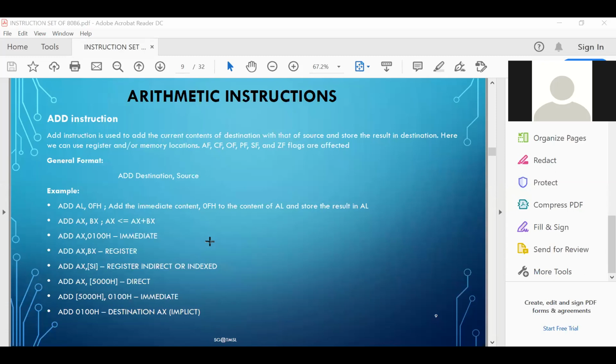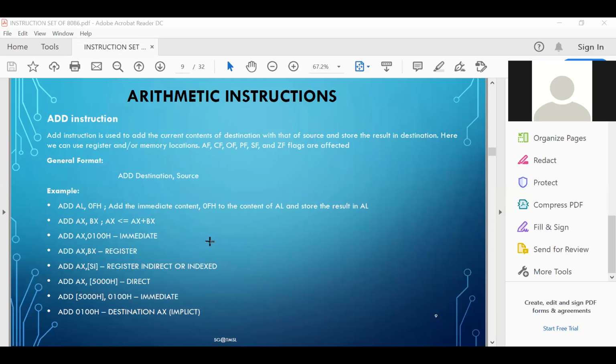That was in 8085, but in 8086 there is no such restriction, or it is not an accumulator-oriented operation. You can use any register to any register operation. Like in this case, you can use ADD BX comma CX also, and the result will be stored inside BX. You can use CX comma DX also, where CX and DX are added and the result is stored inside CX.